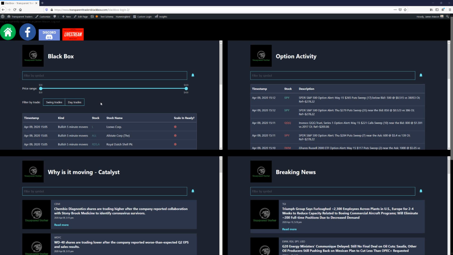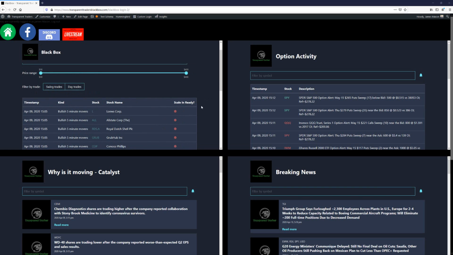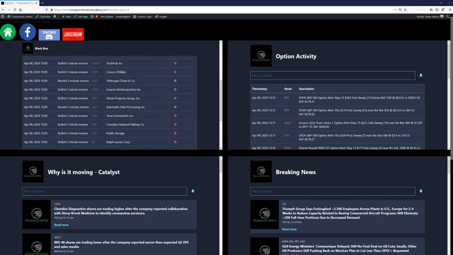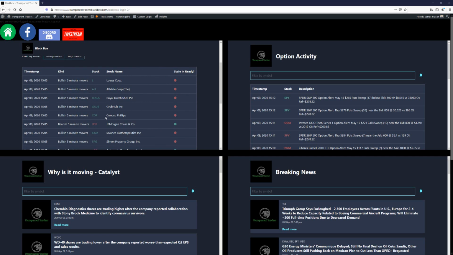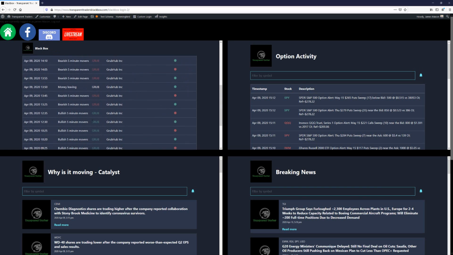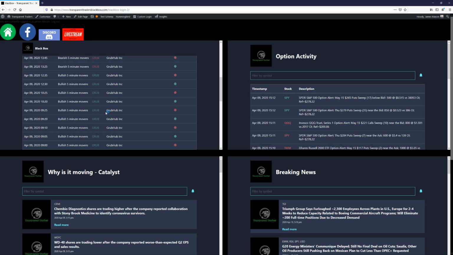So, the next thing that you need to do to find a trade using the TT Blackbox is, if you're looking for day trades, just watch the flow as it comes through, pick up a trade, filter for it, and then just watch that flow as it goes throughout the day.